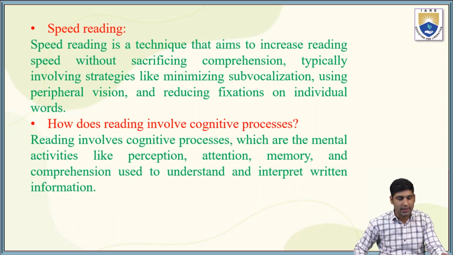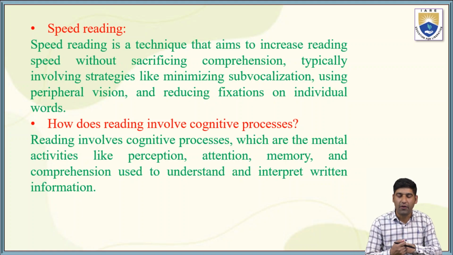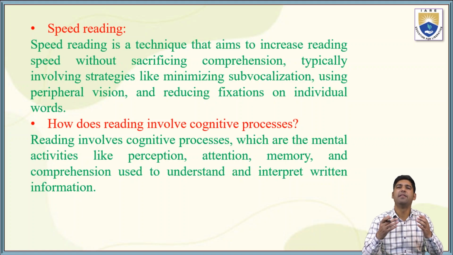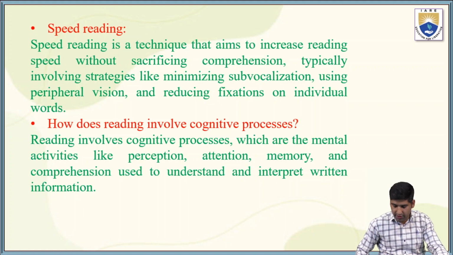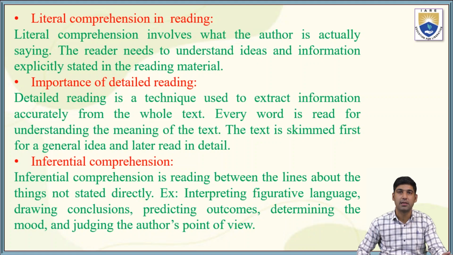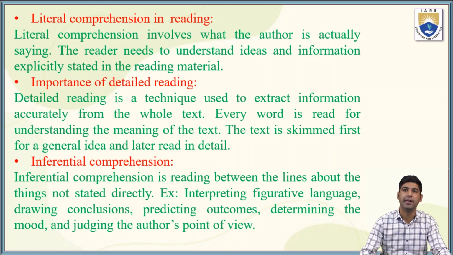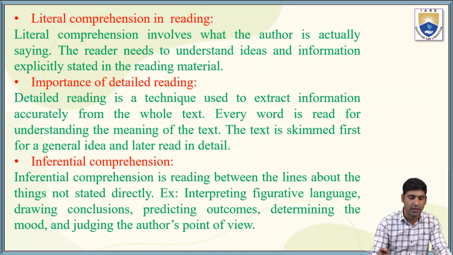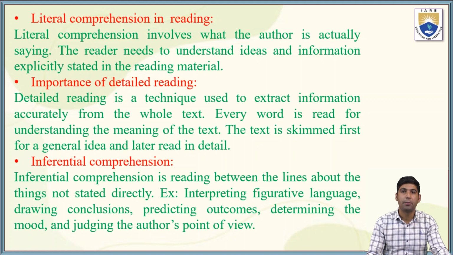Then what is speed reading? Speed reading is a technique that aims to increase reading speed without sacrificing comprehension. To read with speed. And then we have cognitive process. I discussed this yesterday. Then we have literal comprehension in reading. Literal comprehension involves what the author is actually saying. Then importance of detailed reading. What is the importance of detailed reading?